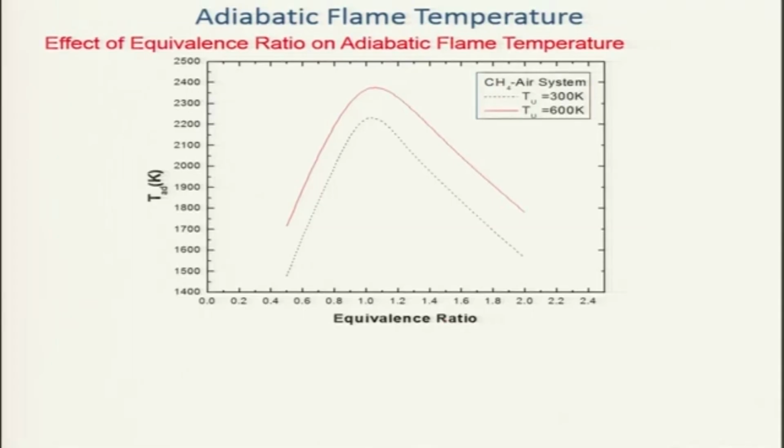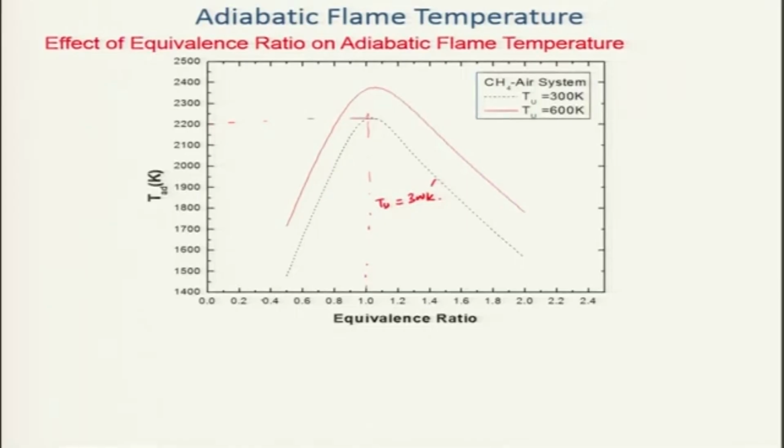If TU is 300 Kelvin, this is the line for 300 Kelvin TU, and at equivalence ratio equal to 1 you will get a peak temperature, maybe around 2200 Kelvin.